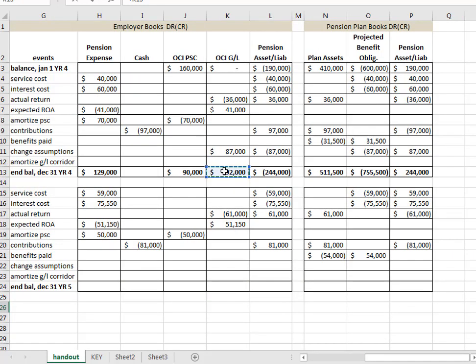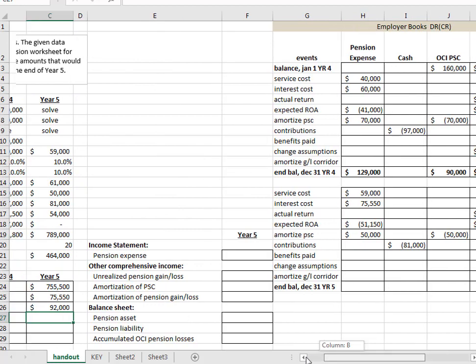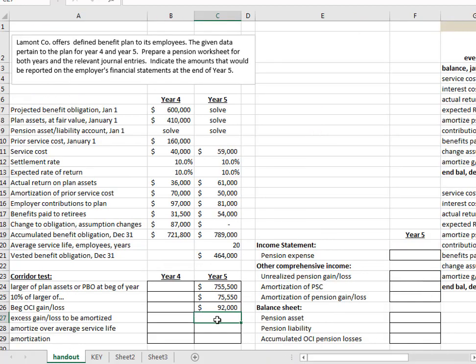It's the 92,000. And so that is bigger than the 75.5. So the amount of excess above the corridor of 75 has to be amortized over the average service life, and they tell us that is 20.